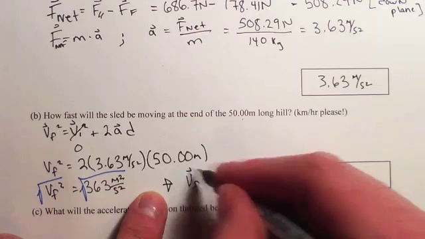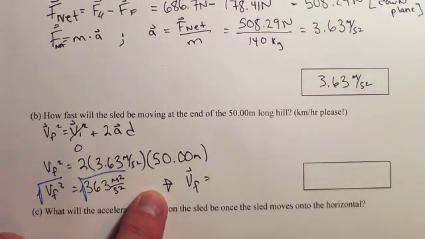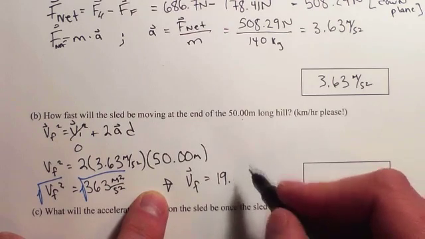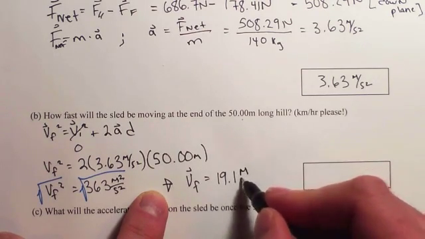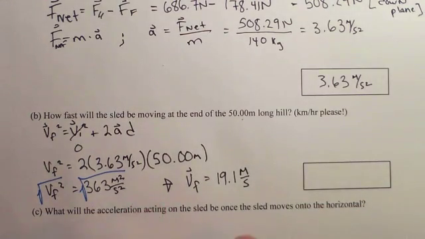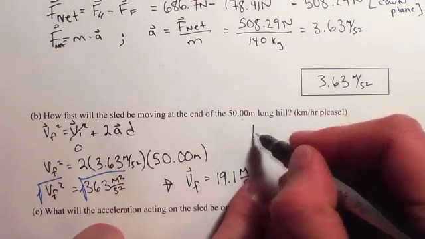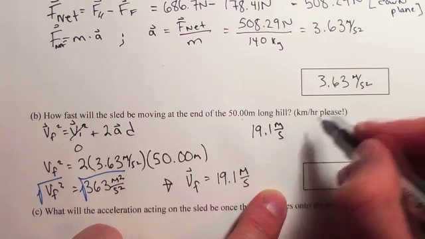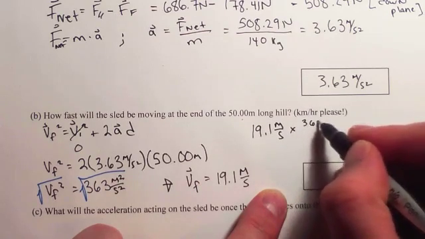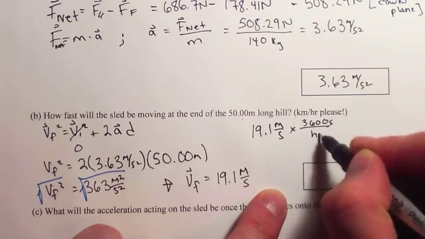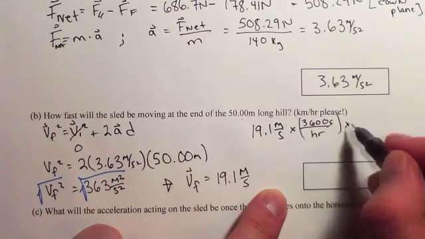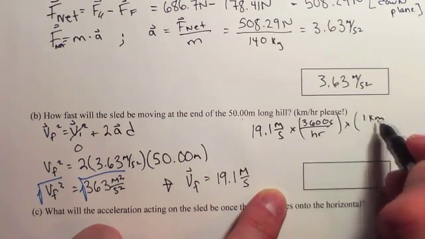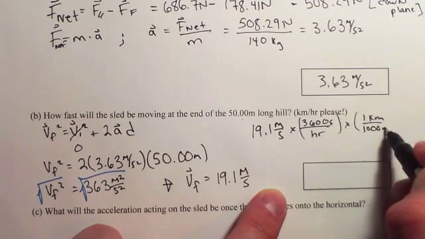So the final velocity is equal to, with 3 significant figures, 19.1 meters per second. And finally, we want it in kilometers per hour. So 19.1 meters per second times 3,600 seconds per hour times 1 kilometer over 1,000 meters.